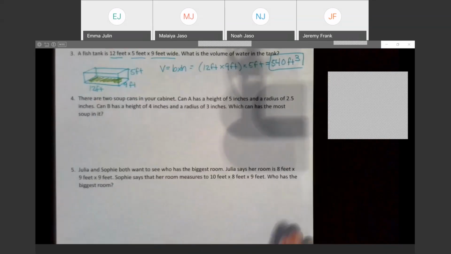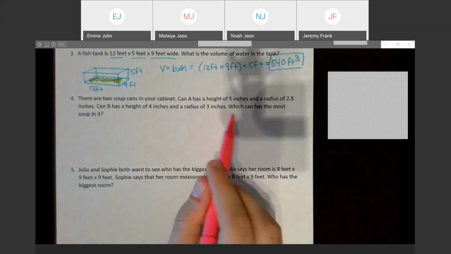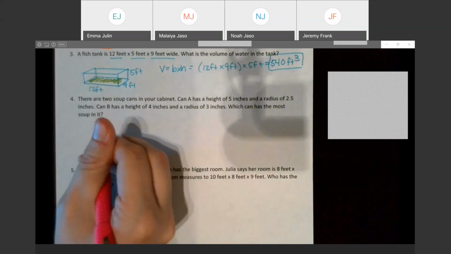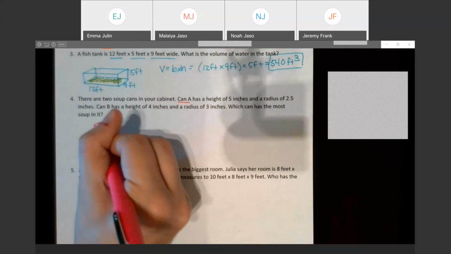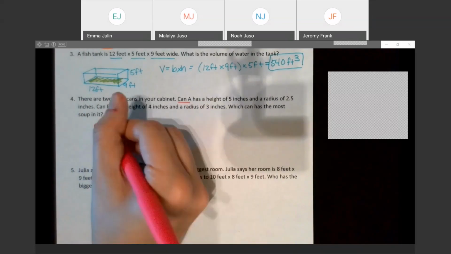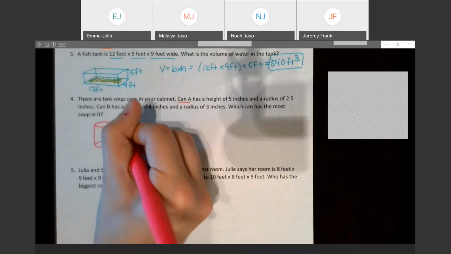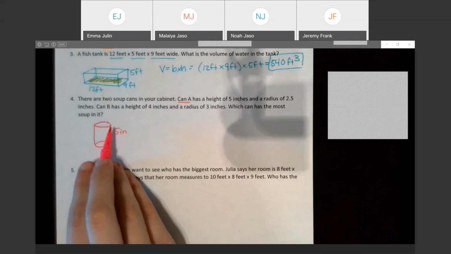So for number 4, you have 2 soup cans in the cabinet. In can A, I'm going to draw it in pink. This will be my can A. So can A has a height of 5 inches. And we draw it next to the vertical height right here.